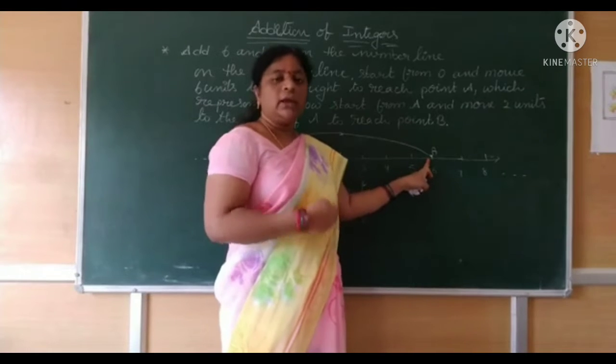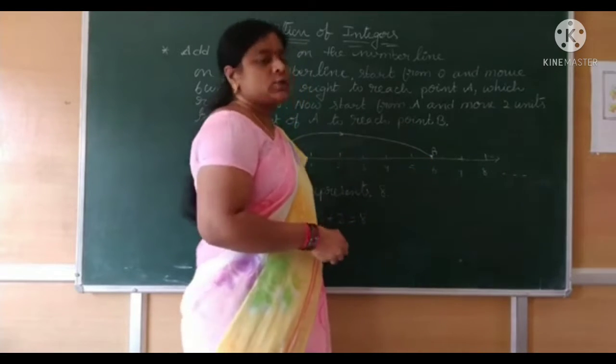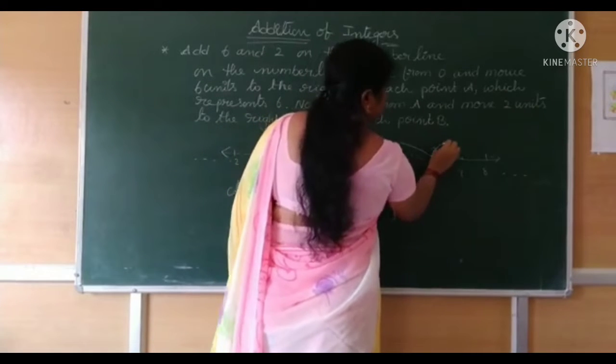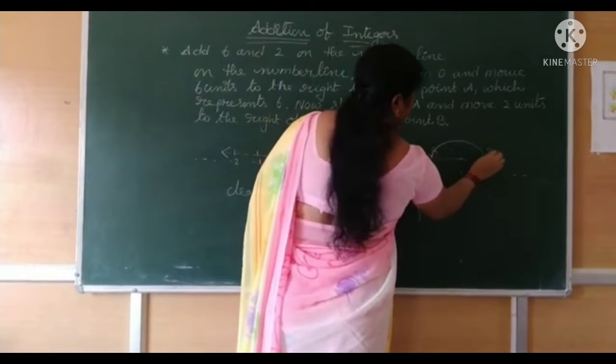Now start from A and move 2 units to the right of A to reach B.